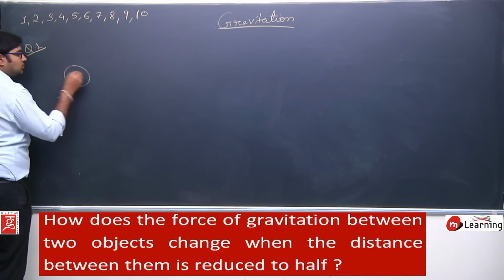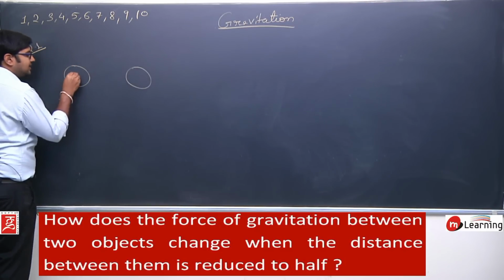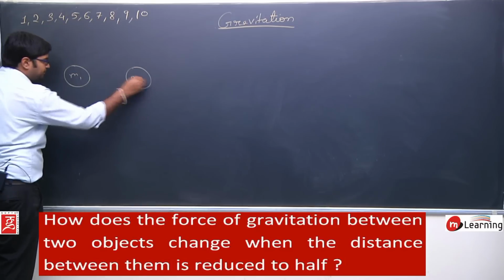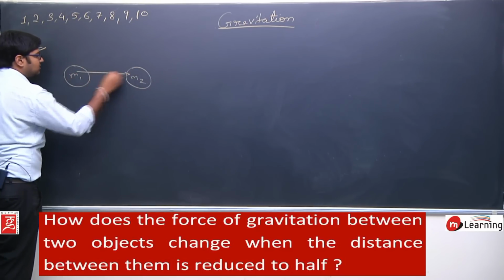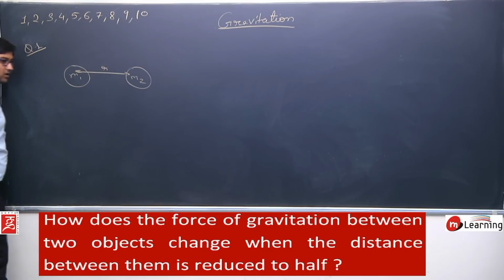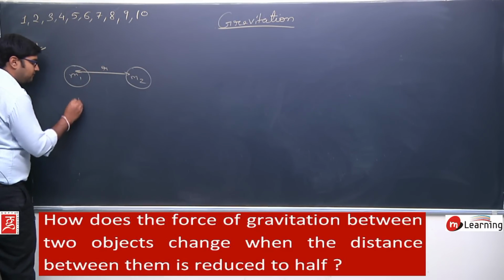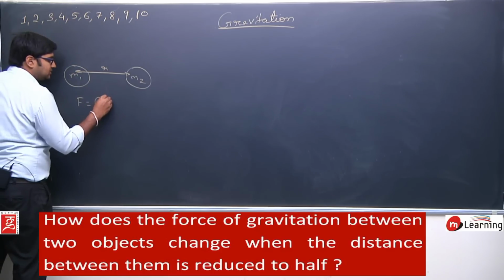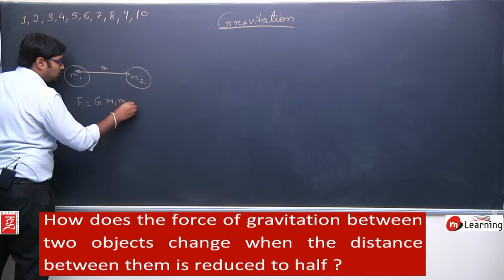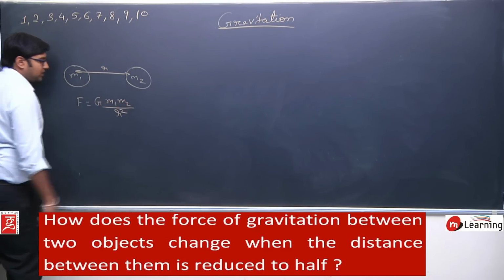Let us say these are the two objects with the masses m1 and m2, and this is the distance between them, let us say r. So the force between them at this point of time would be F is equal to G times m1 m2 upon r square.